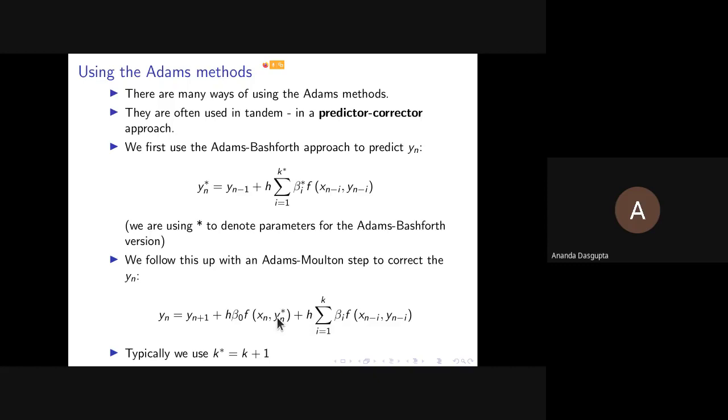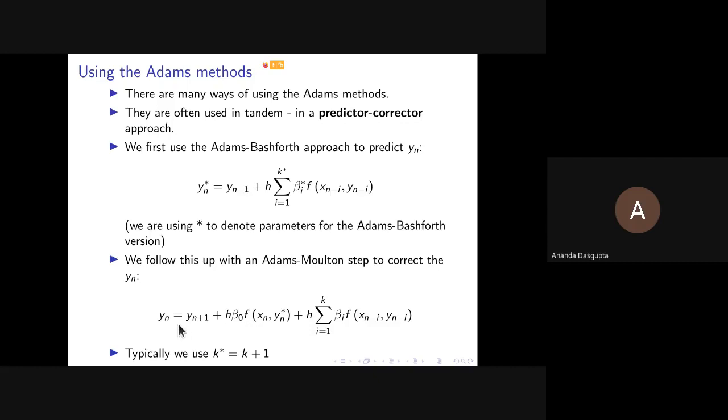Remember, Adams-Moulton by itself is actually an implicit method. You have to solve this equation to find out yn, which often is very, very tough because f of x and yn may be a bad nonlinear function. Solving this equation for yn is tough. Instead of doing that, what we are doing is predicting yn using Adams-Bashforth, and using that in Adams-Moulton to get the stability of Adams-Moulton.